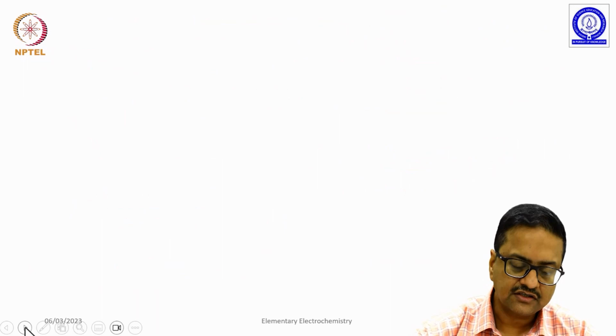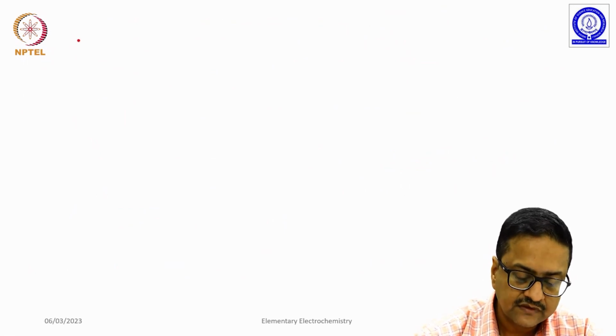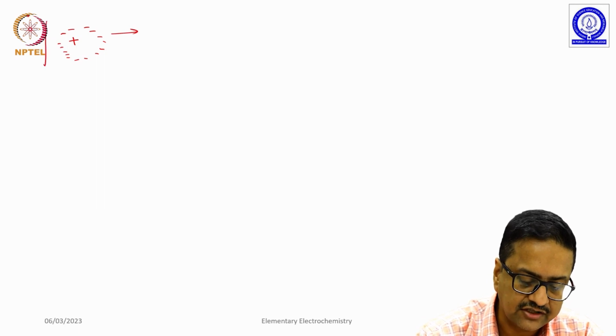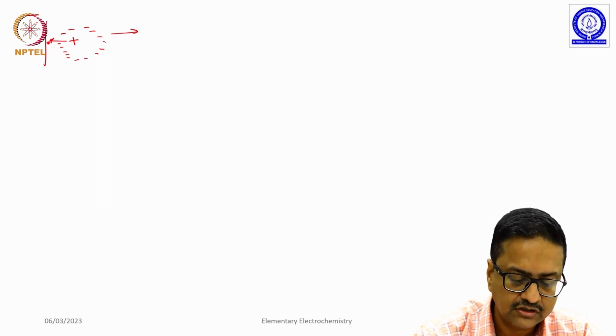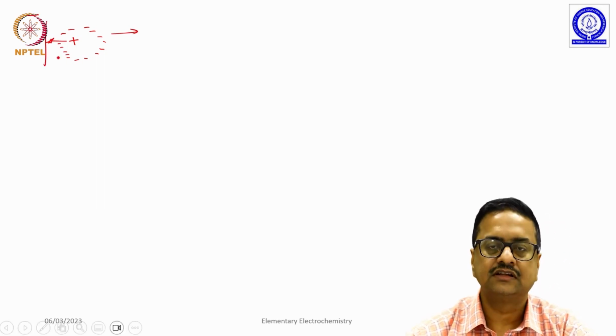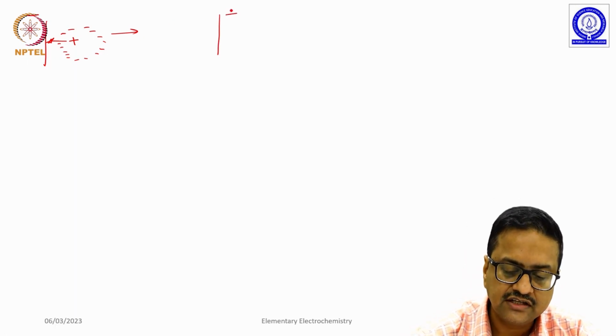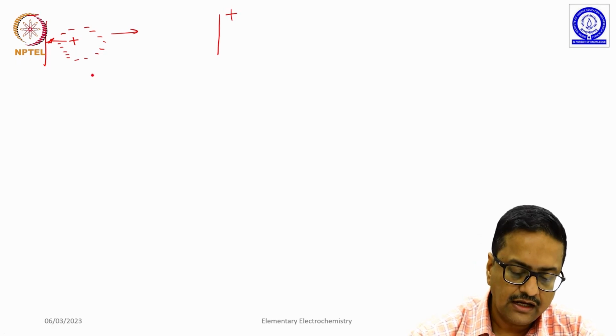So, in this condition what happens is the positive ions get a drag of negative ions in the opposite direction, because positive ions are trying to move towards the negative electrode, but these negative ions are trying to pull it towards the opposite direction.